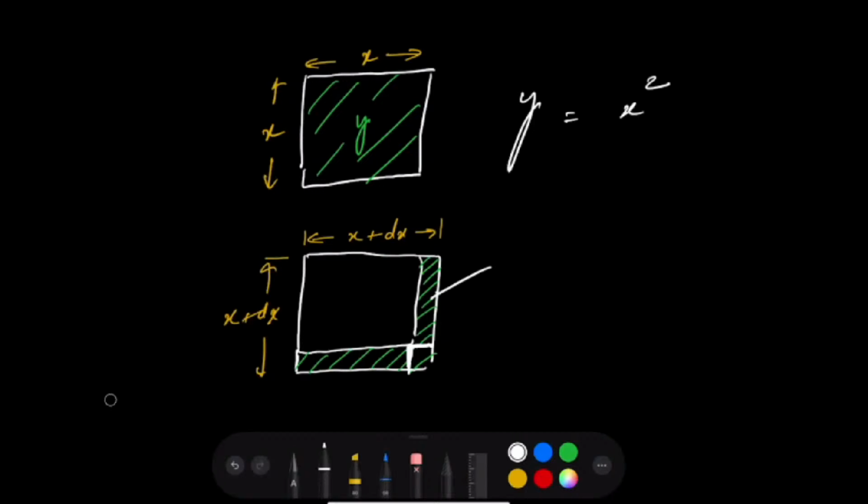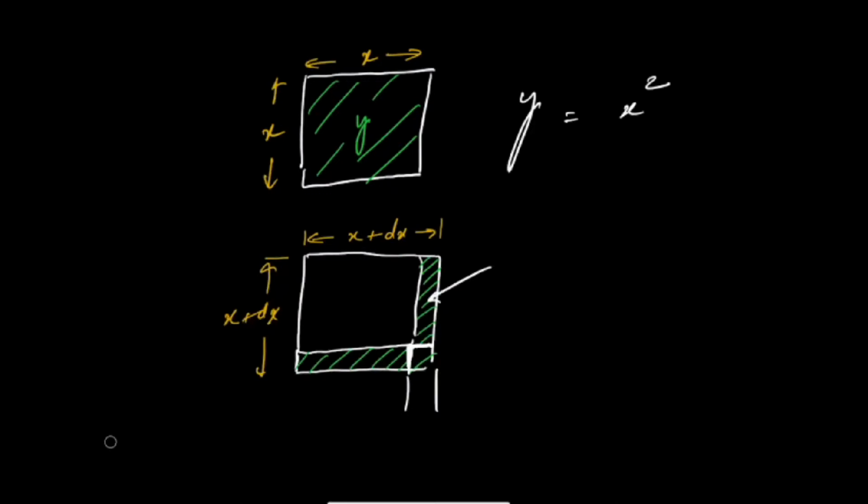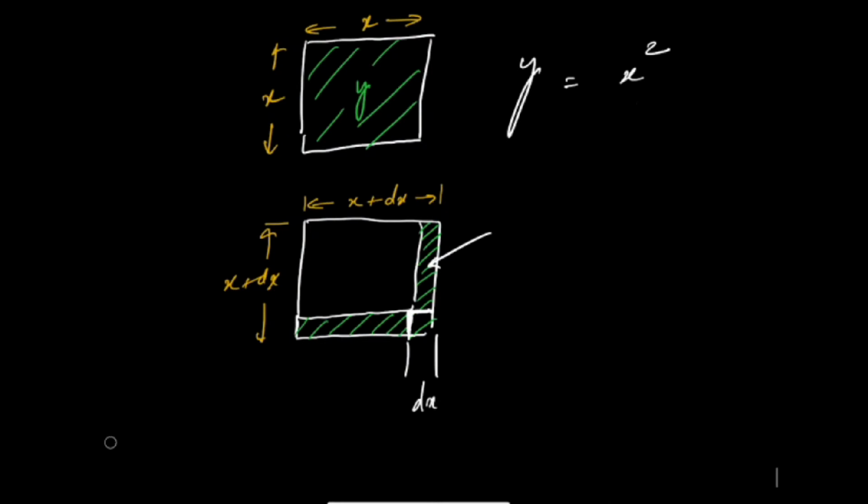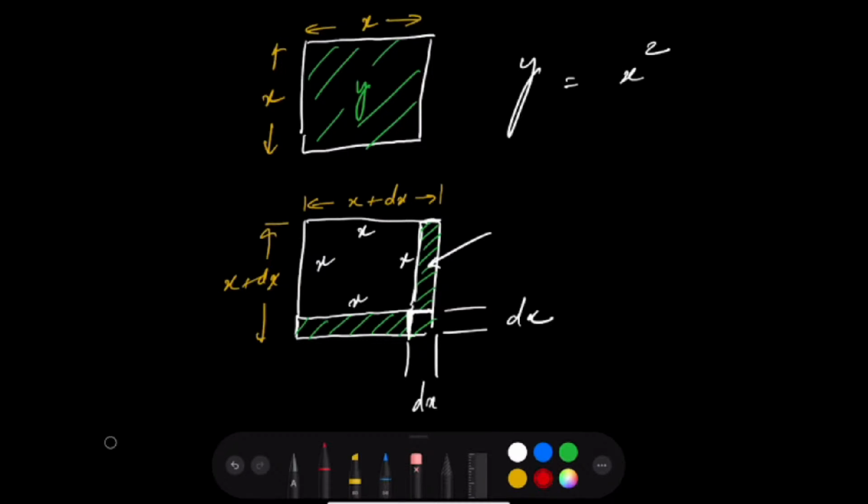So what is the area of this rectangle? So this is dx, right? This is dx. This is also dx. So the breadth of this rectangle is dx, the length is x. So this is x, this is x, this is x, this is x. This is the original square. What is the area of this red rectangle?